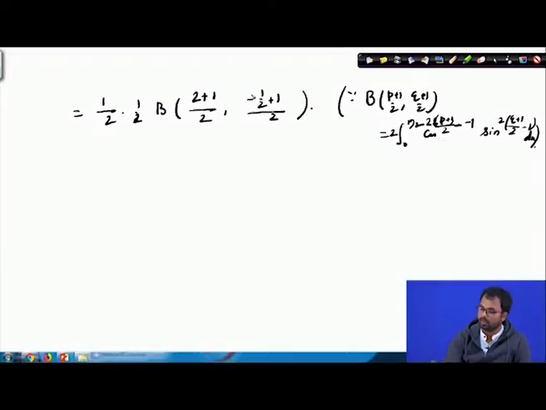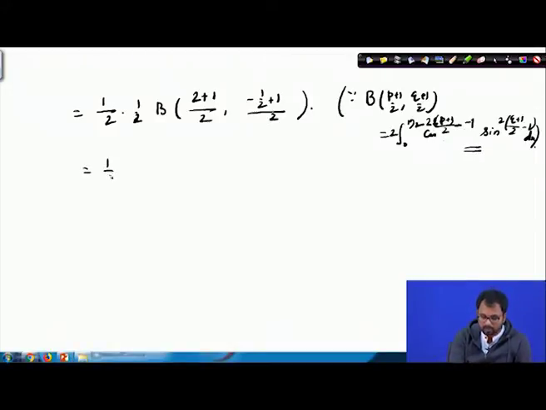This is the formula we are using. Ultimately, instead of q I am taking minus half, and instead of p I am taking 2. So this will be 3 by 2 and the 2 will get cancelled.